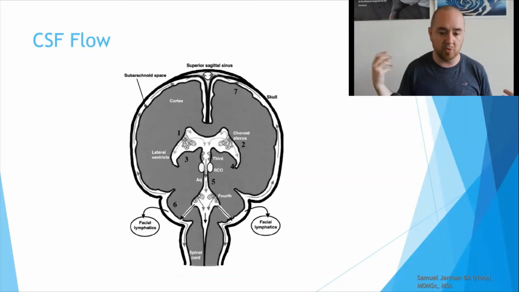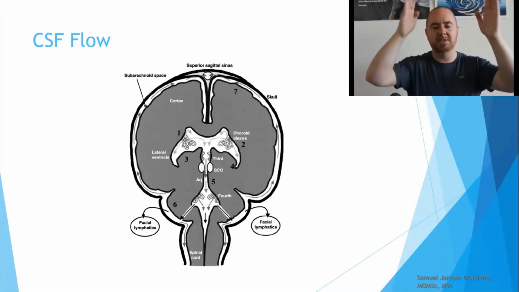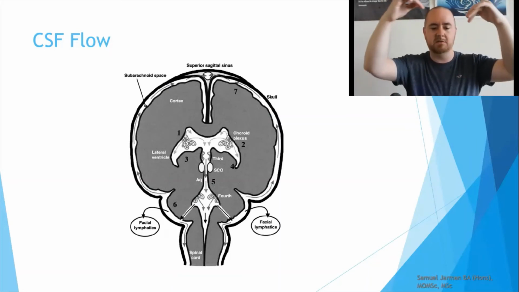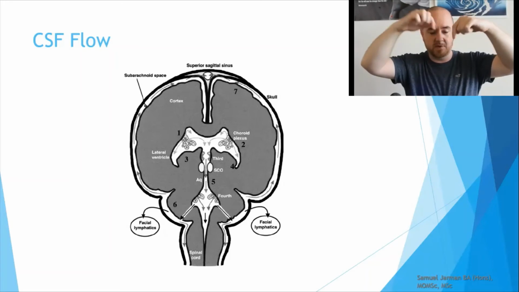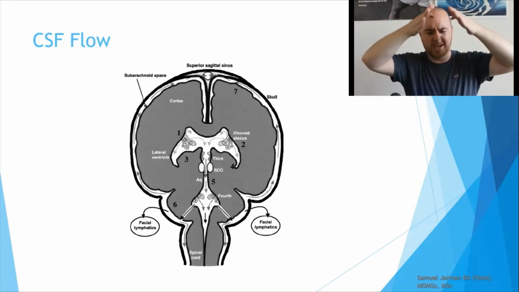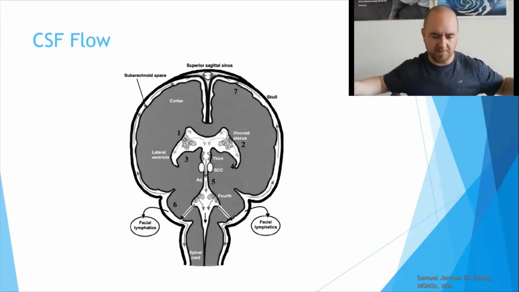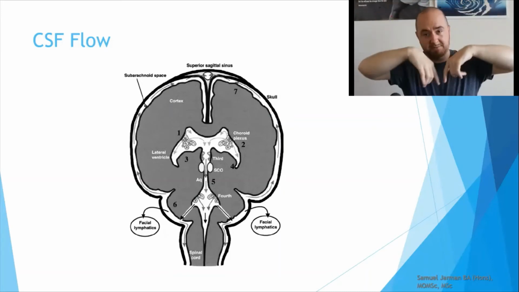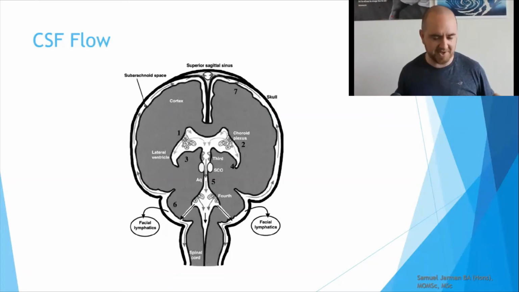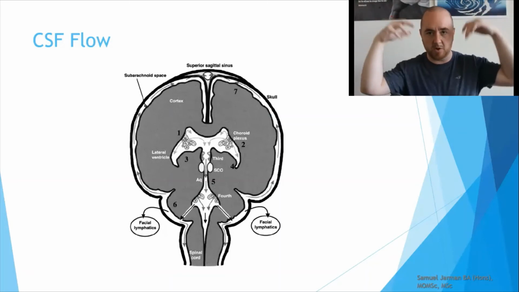That's down more in the cerebellum, but you have this general flow. So it's kind of made in the middle of the brain, more or less. It's going to flow downwards, and then it's going to flow through the cord. And then depending on where you go, it's coming out of the fourth ventricle. So there's some down to the middle of the cord, and then there's down the meningeal system of the cord, and there's some that's going to go up.